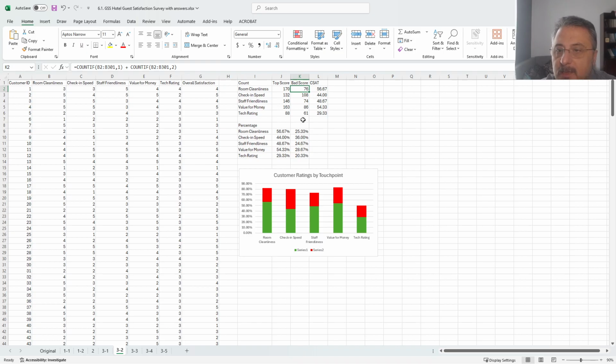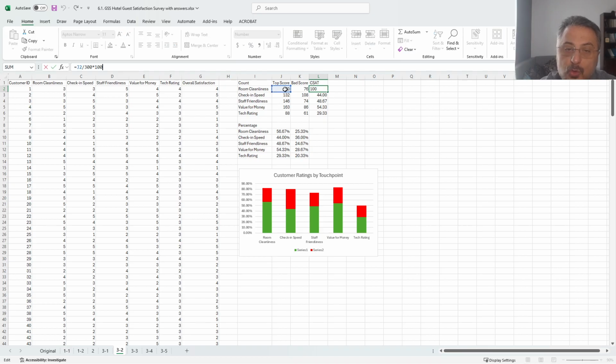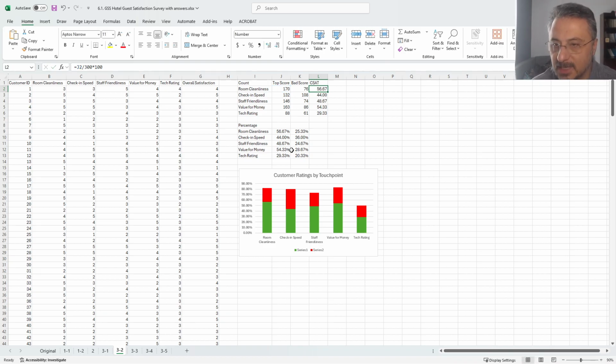And by the way, if you recall from chapter 6, customer satisfaction score is also calculated by dividing top score by total number of given scores, which in this case is 300, multiplied by 100, which is actually equal to percentages here.